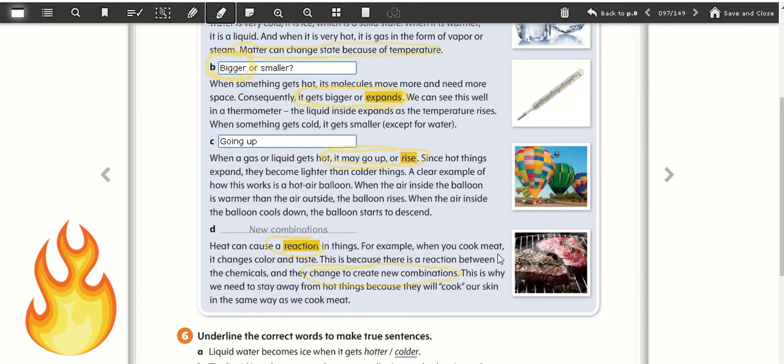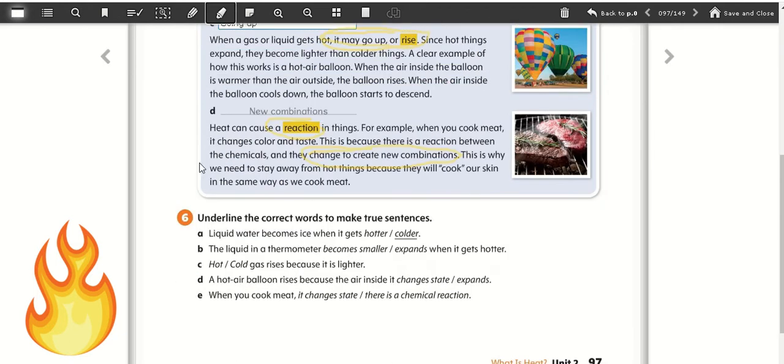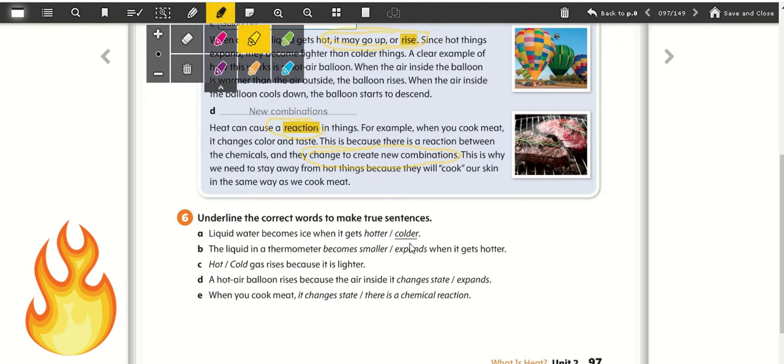What's the answer? If we go here, chicos, remember that things become bigger or expand, and they give an example of the thermometer. So in this case, the answer is going to be expands, when it gets hotter.